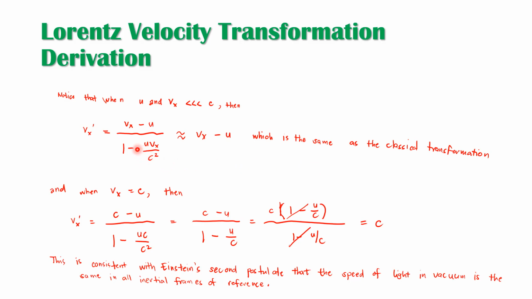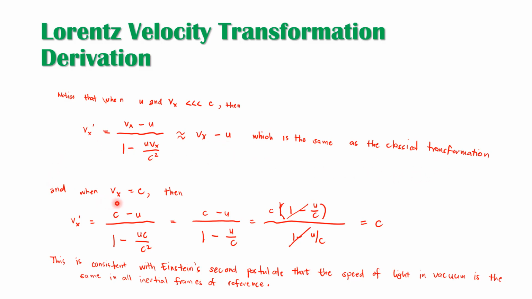The expression in the denominator will approach 1, since it is a small number divided by a large number. c squared is a very large number, so this term is negligible, closer to 0. Therefore, v sub x prime is approximately equal to v sub x minus u, which is just the Galilean transformation for the velocity.